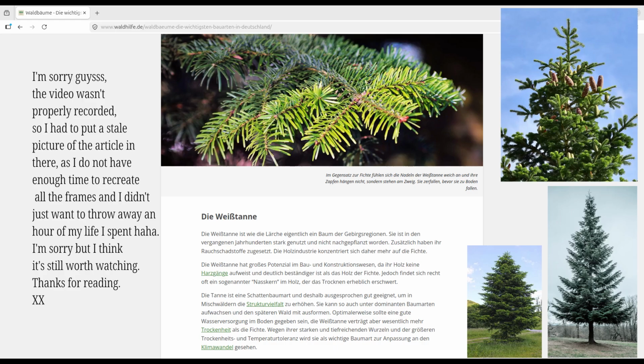Ein Baum, a tree, der, which, that, Gebirgsregionen, but in this case, der Gebirgsregion means of the, so this is genitive case, I guess. So, the silver fir, diese Weißtanne ist wie die Lärche eigentlich ein Baum der Gebirgsregionen. So the silver fir is like the larch, generally a tree of the Gebirgsregionen.